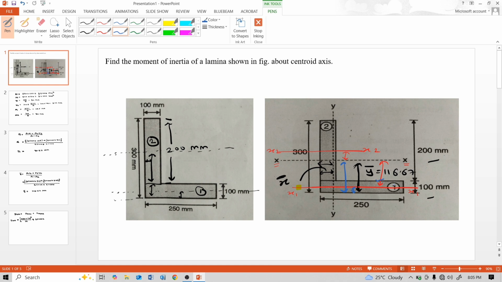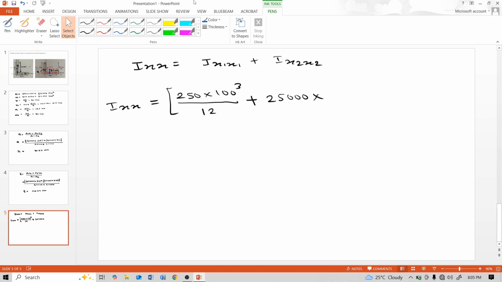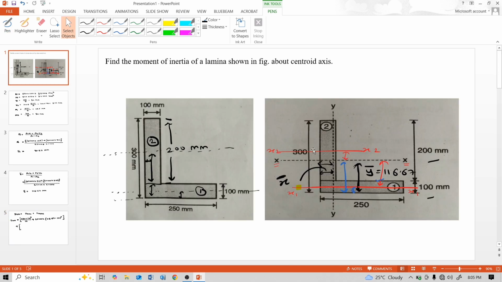That means 116.67 minus 50 mm, and square of this, plus, for the second rectangle, this distance is 100 mm.